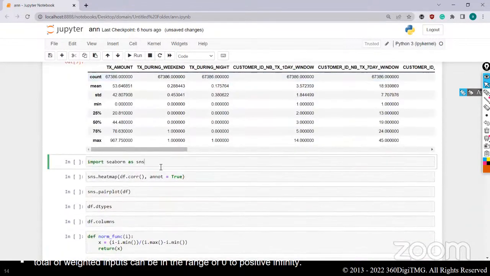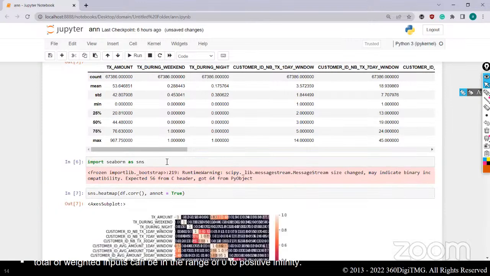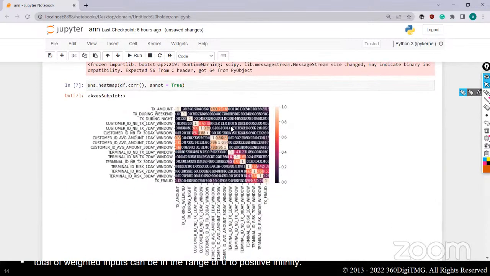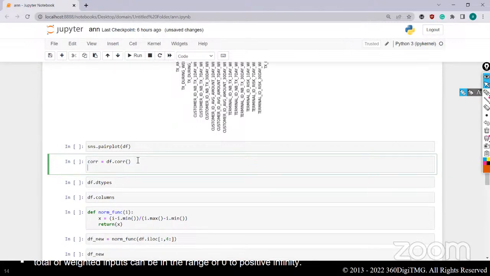Okay, then we'll take a look at the correlation heat map. Based off of this correlation heat map, it is very difficult to read. What we can do instead is draw a correlation matrix.